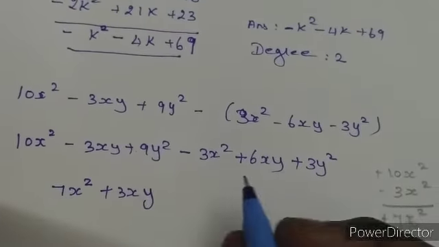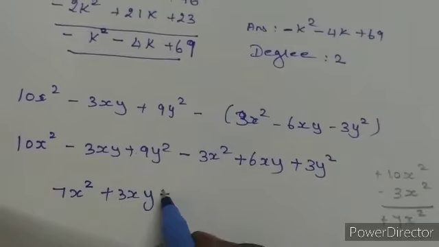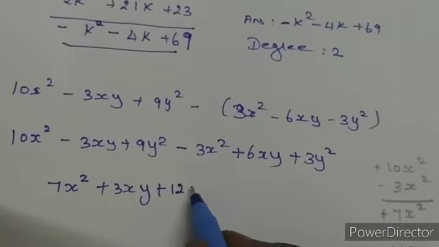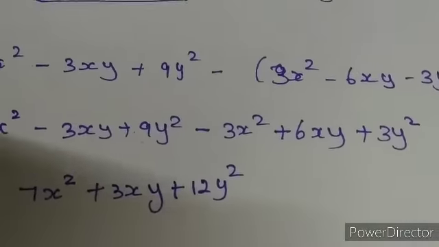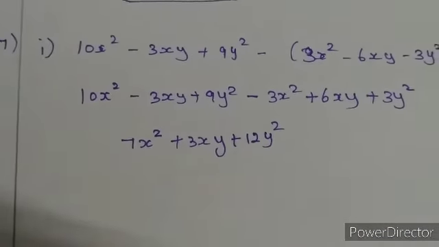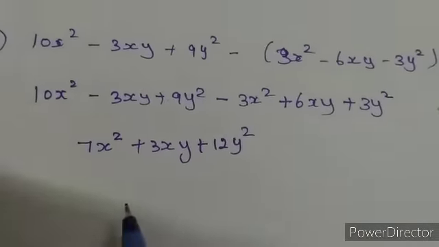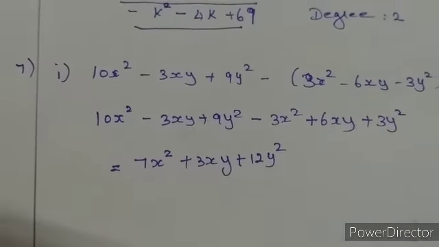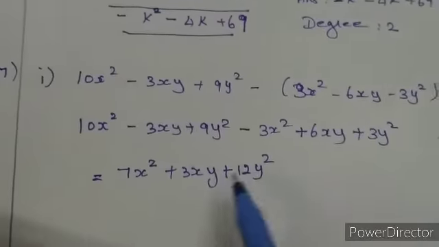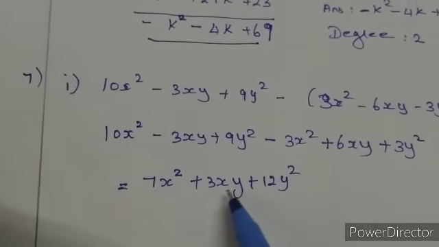Plus into plus, plus 9 plus 3, 12. So plus 12y square. You can arrange the answer as an expression. So 7x square plus 3xy plus 12y square, or 7x square plus 12y square plus 3xy.